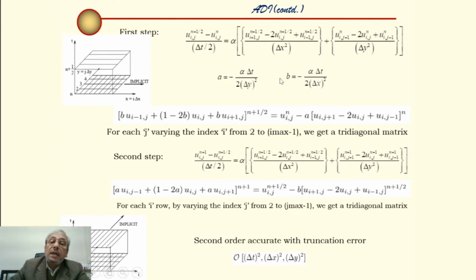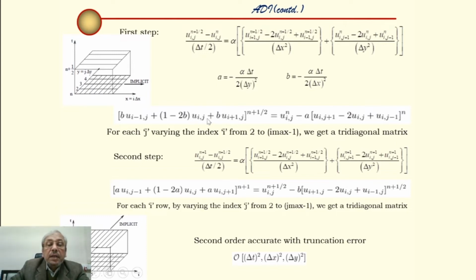So here we can see, we can write b into ui minus 1j plus 1 minus 2b uij plus b into ui plus 1j, all are at n plus half level.